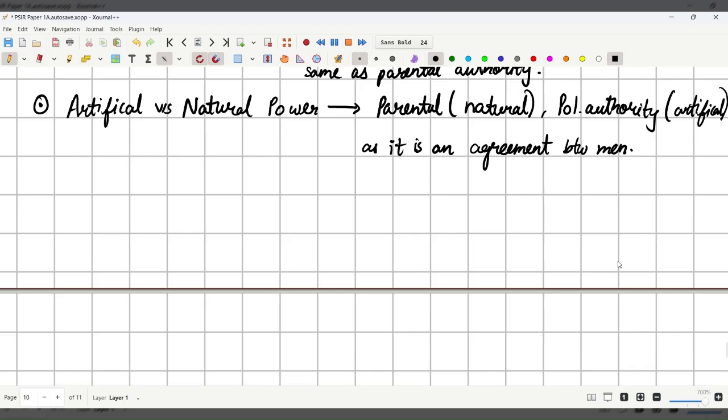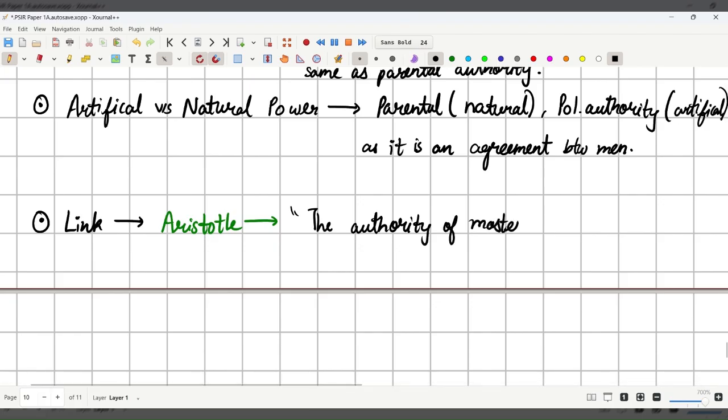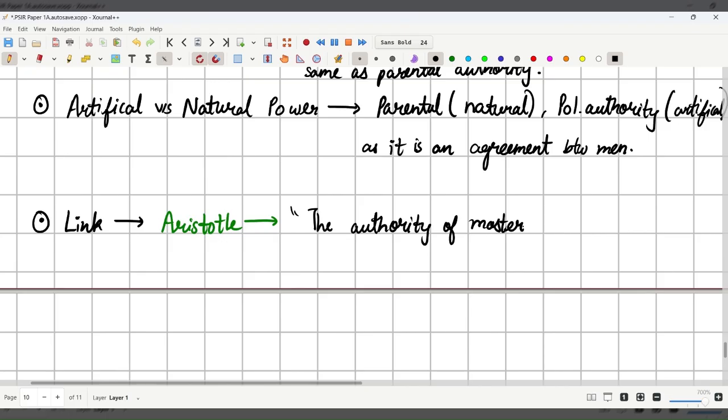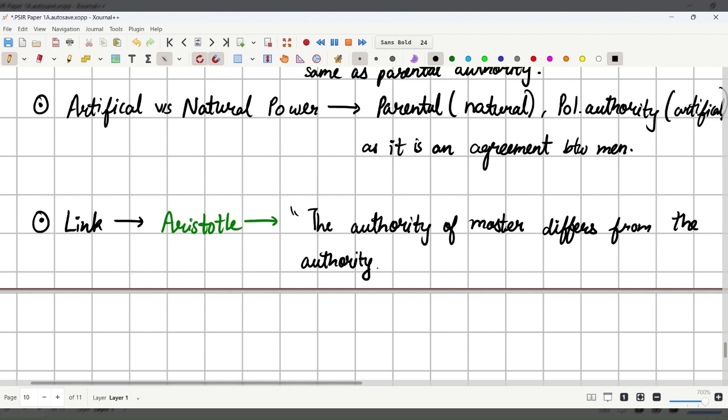Then here you can also link it to Aristotle, where Locke basically echoes Aristotle's view that the authority of a master differs from the authority of the statesman.